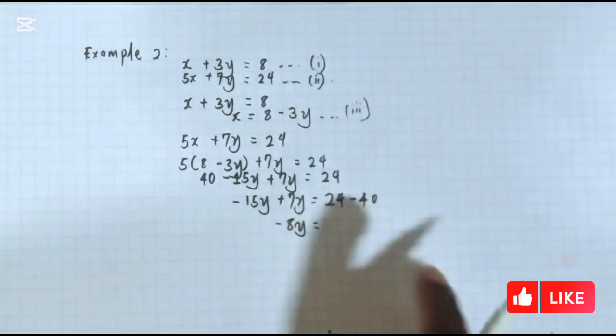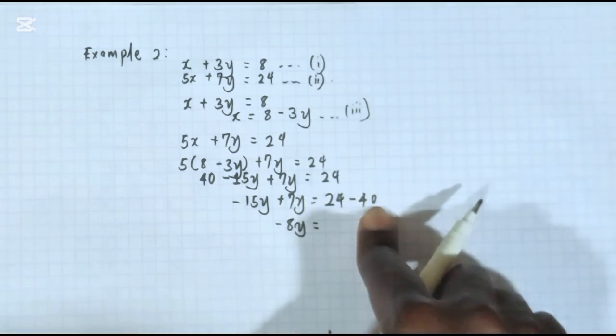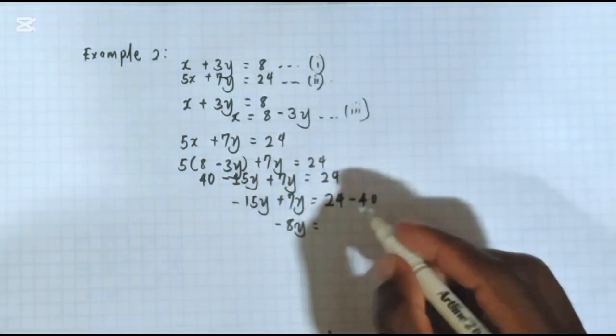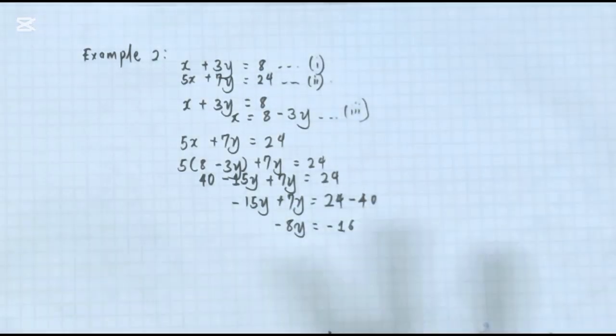And 24 minus 40 will then give us negative 16. I'm assuming that you are comfortable with the integers. That is why I'm not going into how we're getting negative 16.